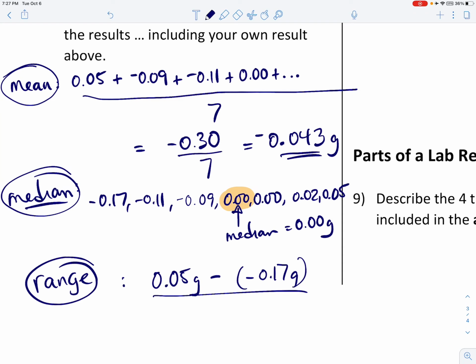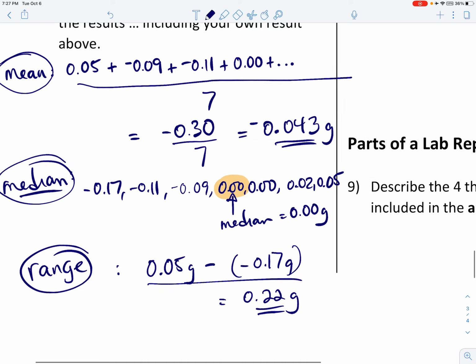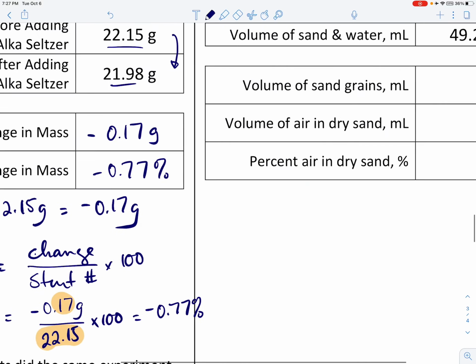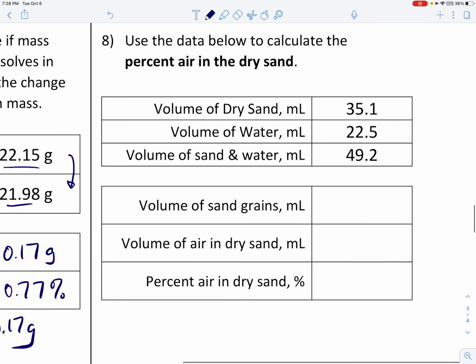Grab your calculator: 0.05 take away negative 0.17 gives me positive 0.22 grams. So there was 0.22 grams between the smallest and biggest number in those measurements, or in those calculations.